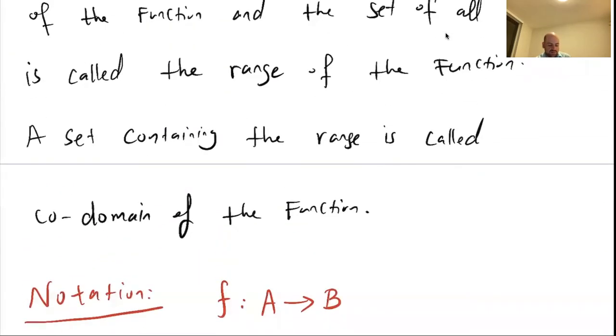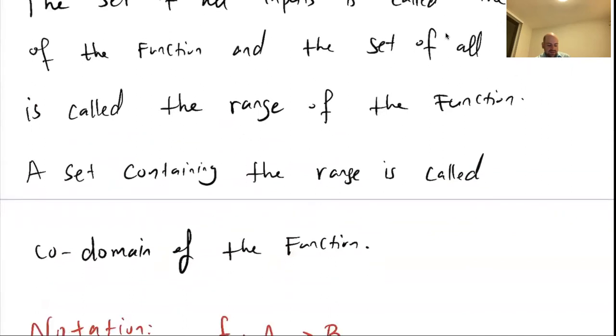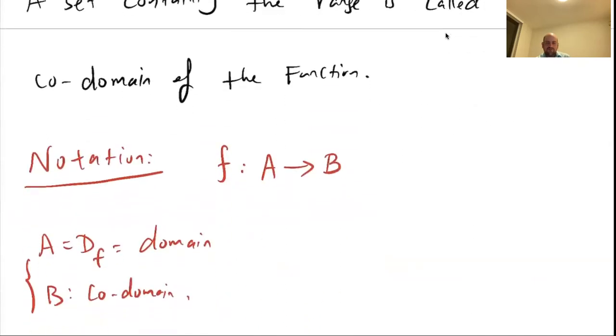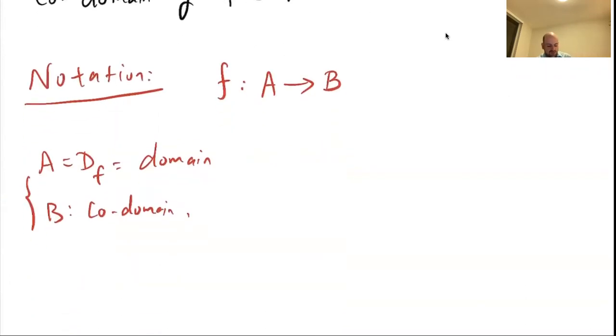That's how I define codomain. So when we say f from A to B, A is assumed to be the domain itself, and B is assumed to be the codomain. Codomain means either it's the range itself or it's a set bigger than the range, meaning that the range is a subset of B. So B is codomain, meaning that Rf, which is the range of f, is a subset of B. So a subset of B means it could be B itself or it could be something smaller.